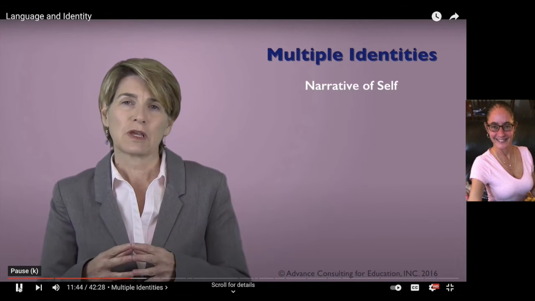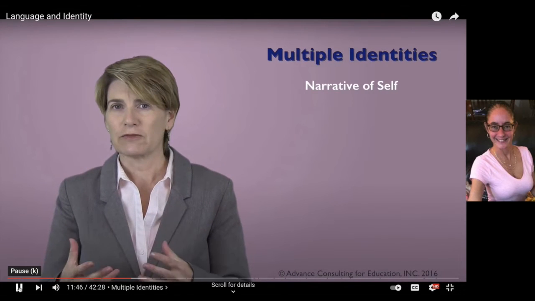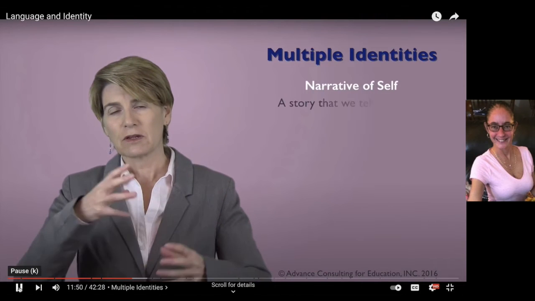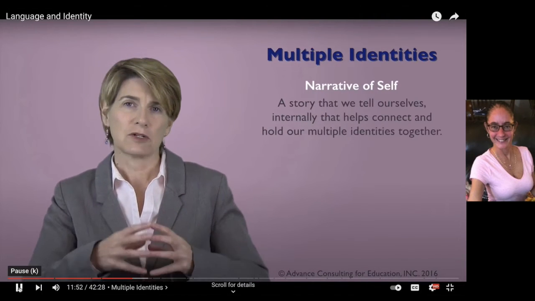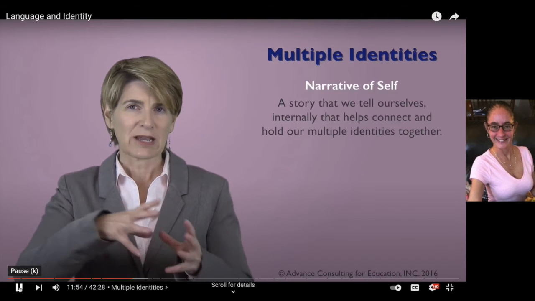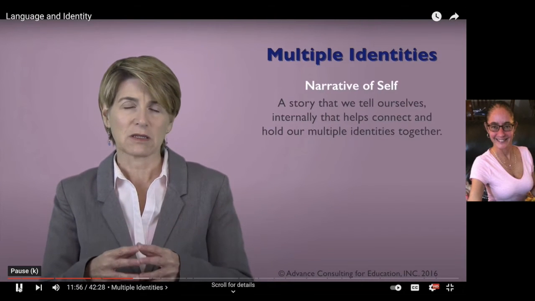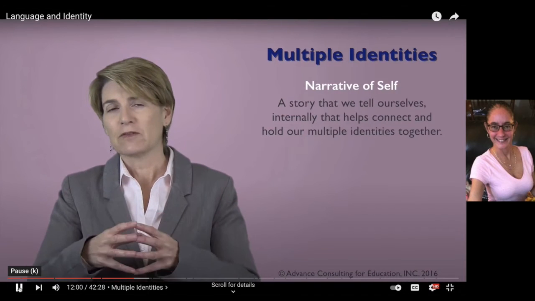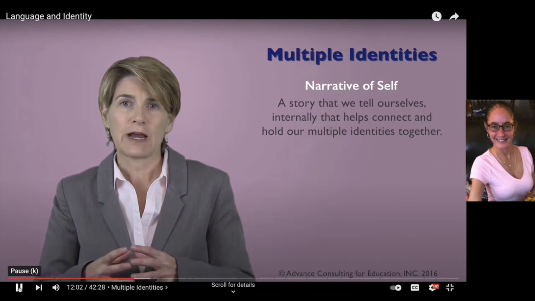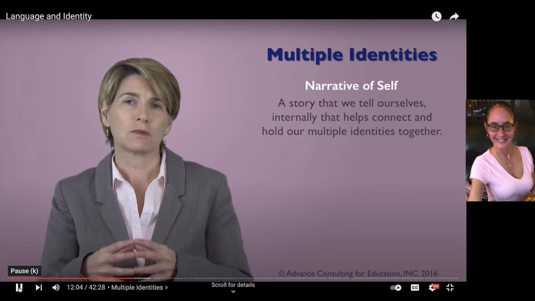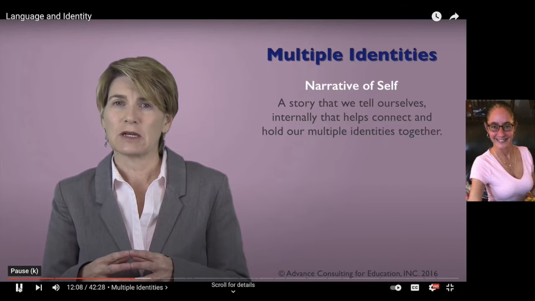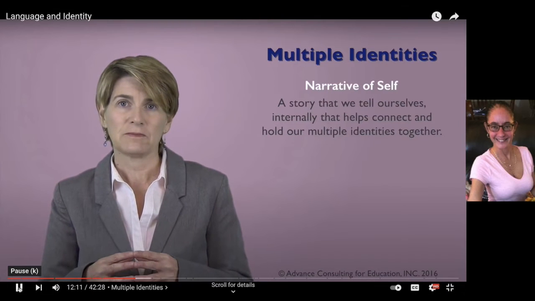And so researchers came up with this concept of narrative of self. The narrative of self is a story that we tell ourselves internally that helps us connect all of these multiple identities and hold them together in that unified whole. And the narrative of self really is the story of our lives. It's the story of all of the experiences we've gone through that have enabled us to form these different identities that we can tap into.